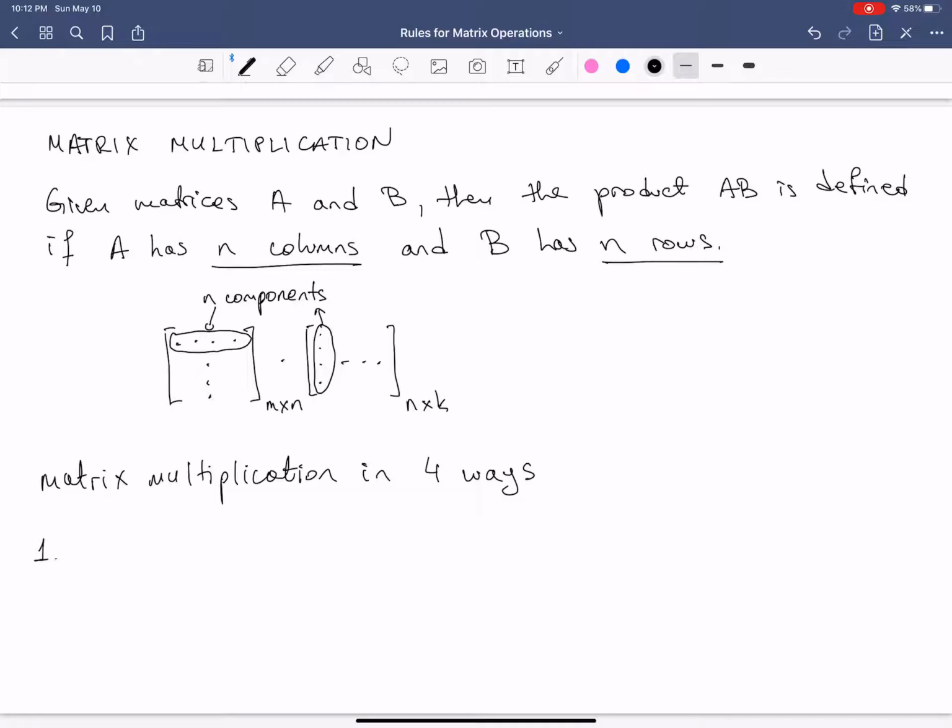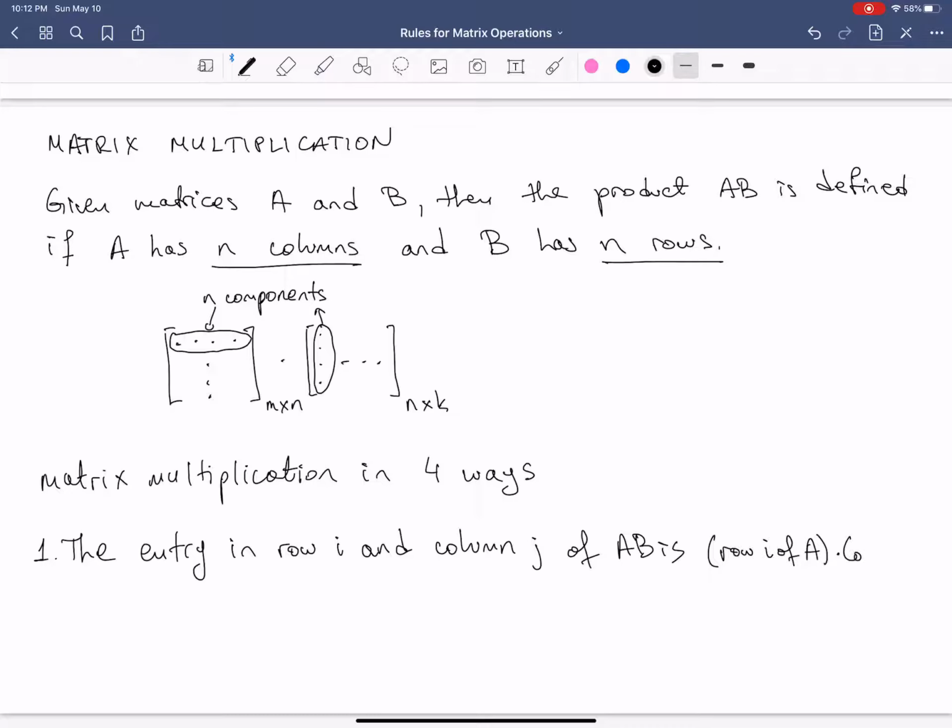So the first way is the entry in row I and column J of the product AB is the dot product of row I of A and column J of B. So it is a dot product.